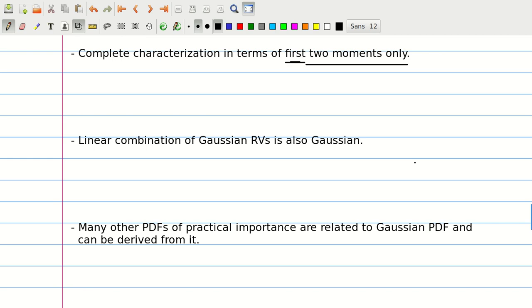Another important feature of a Gaussian distribution is that a linear combination of Gaussian random variables is also Gaussian.